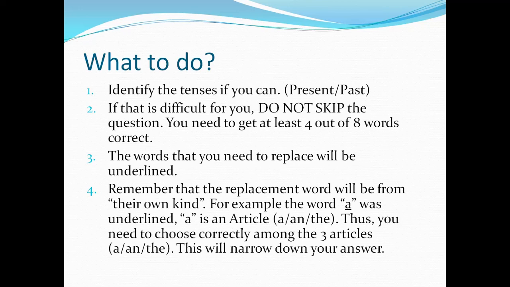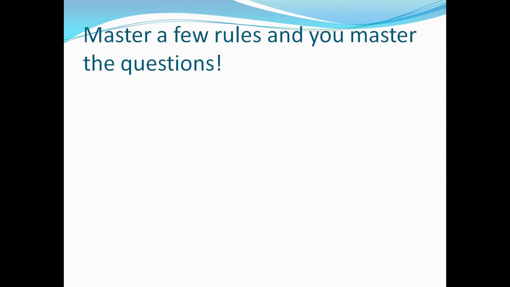Thus, you need to choose correctly among the 3 articles. This will narrow down your answer. So what we do here is narrow down our answer from a lot of words, then we will stick to 2, 3, or 4 answers. Master a few rules and you master the question.